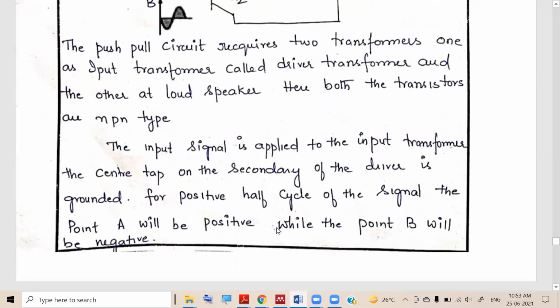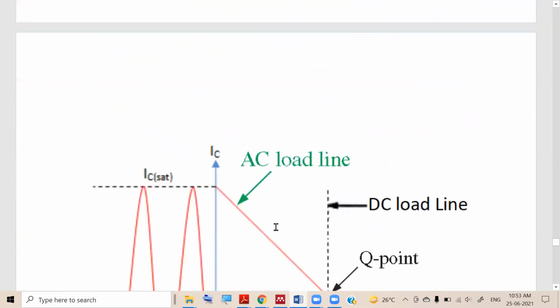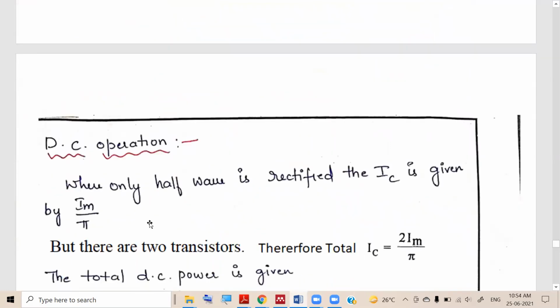Just now we discussed that the collector current is Im by pi, from the concept of the half wave rectifier, peak value by pi. So here each transistor draws a collector current of Im by pi.